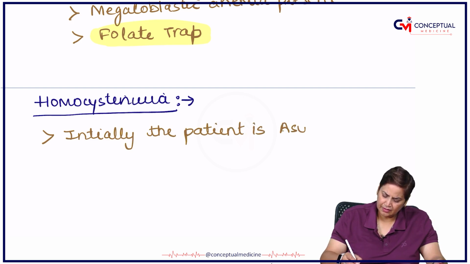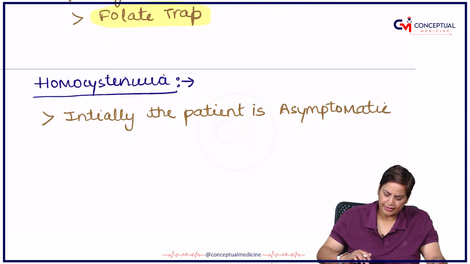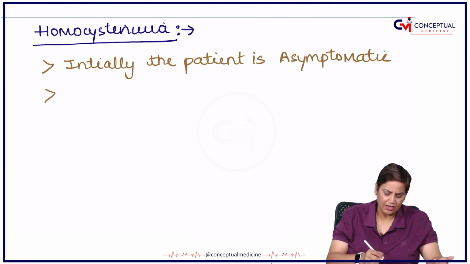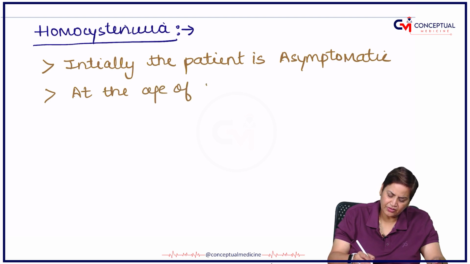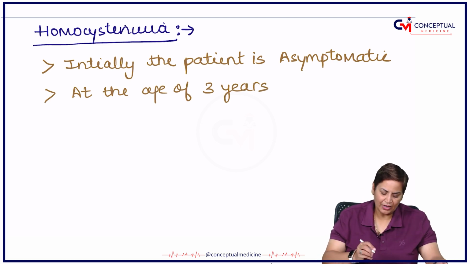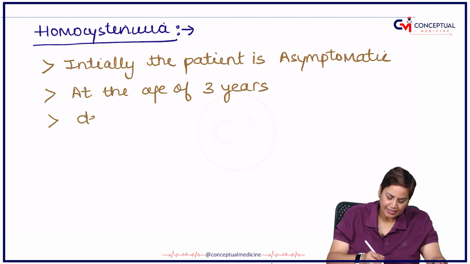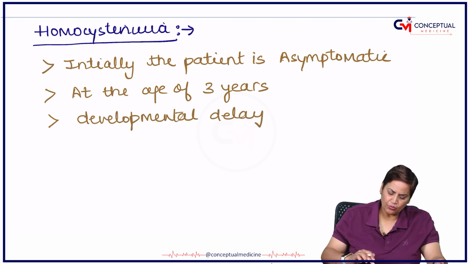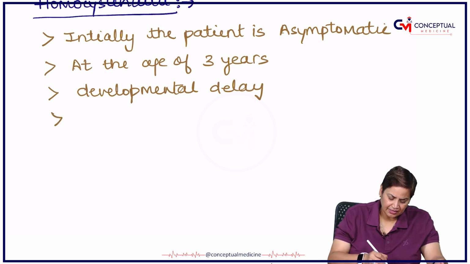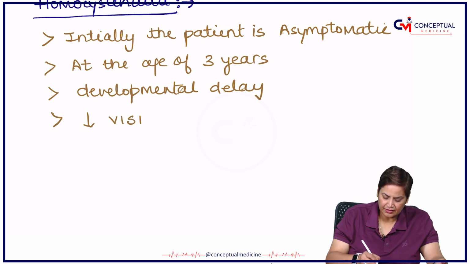But at the onset of say 3 years, at the age of 3 years, the deterioration starts. Now what happens is, there is a developmental delay, and the vision starts reducing. So there is a reduction in vision.